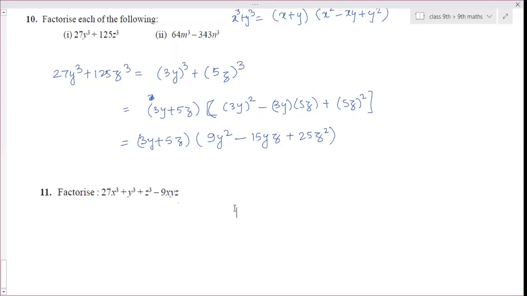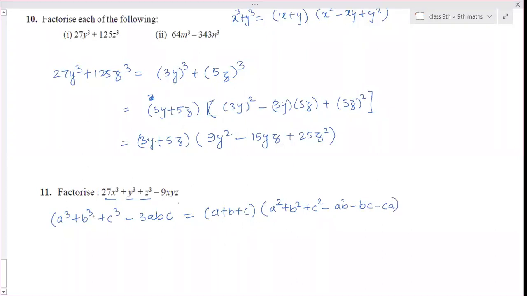So to factorize the next part, we have to use the last identity, the 10th identity. You can see it's a cube of 3 terms: one term, second term, third term. 3 cubes are there. So that is only the last identity, that is a cube plus b cube plus c cube minus 3abc is equal to a plus b plus c into a square plus b square plus c square minus AB minus BC minus CA.